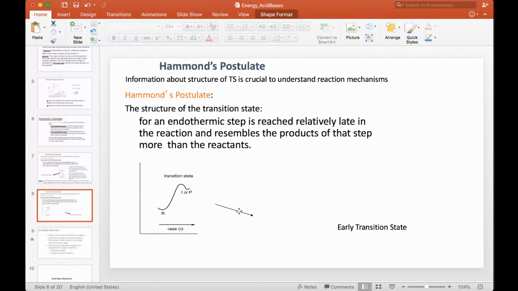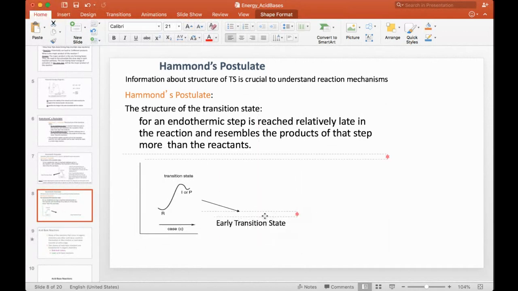Therefore, in this endothermic step, as you can see, the transition state is right here. It is the highest energy point. And this transition state is closer in energy to the product of that step. It is farther from the reactants.